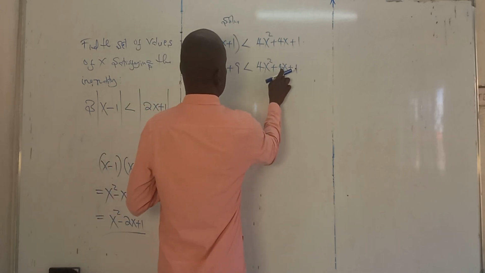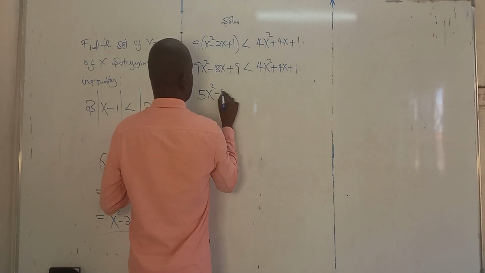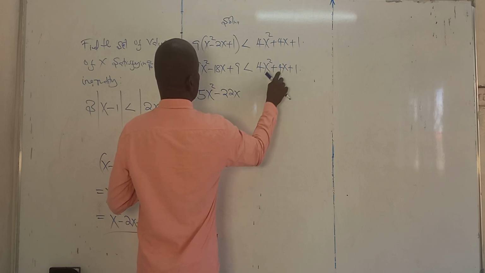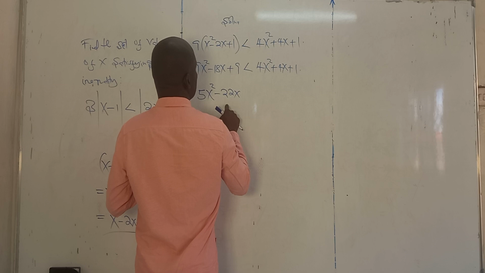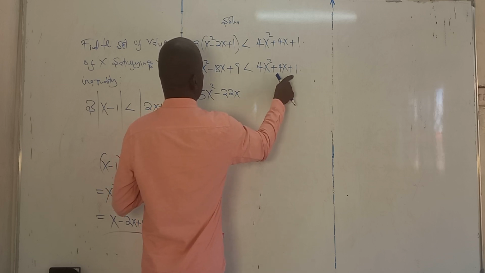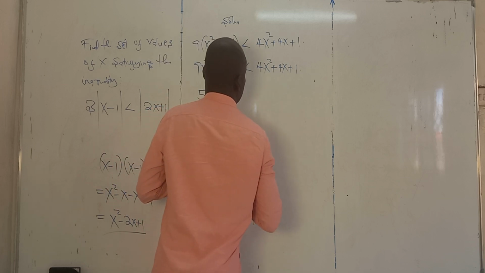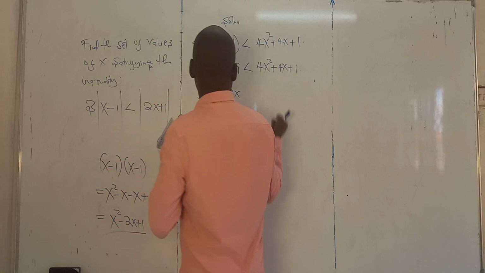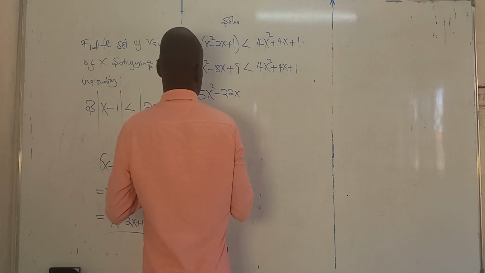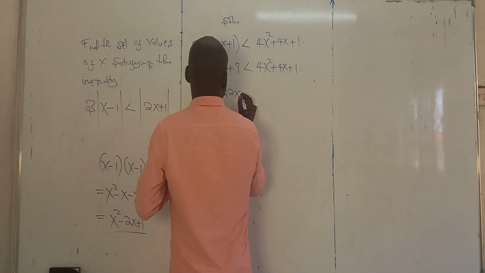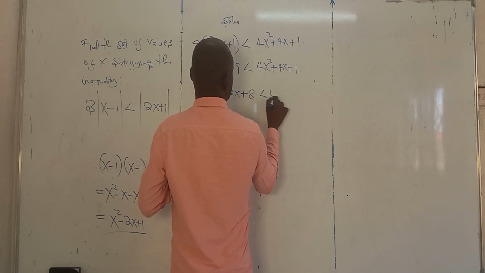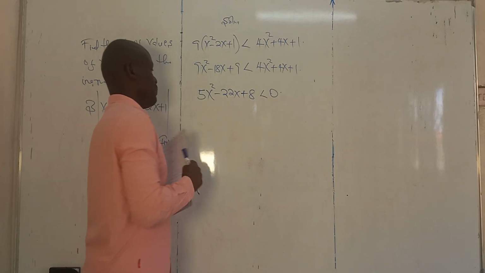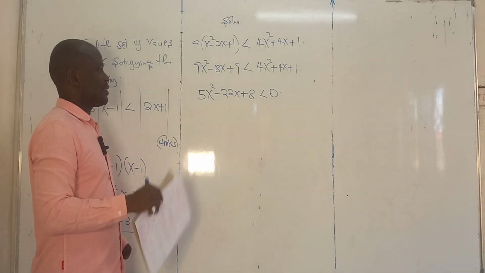Then minus 22x, because minus 18 minus 4 is minus 22. Then this positive 1, if it crosses, becomes negative, so that gives plus 8. Plus 8 is less than 0.